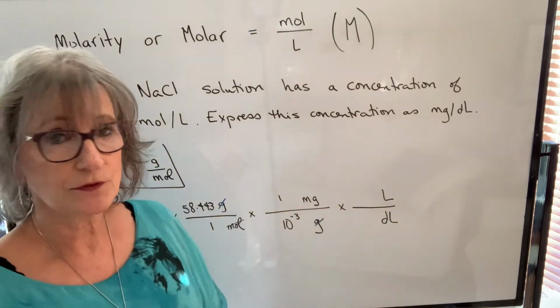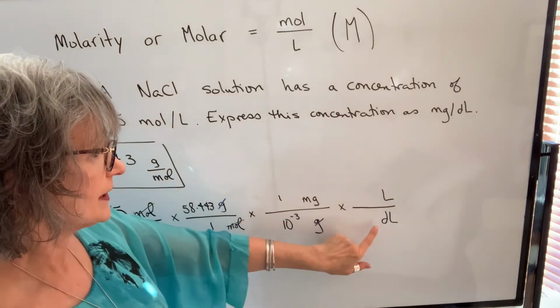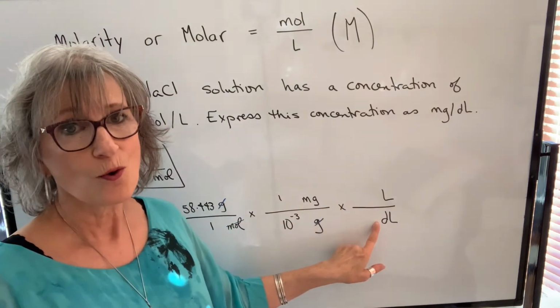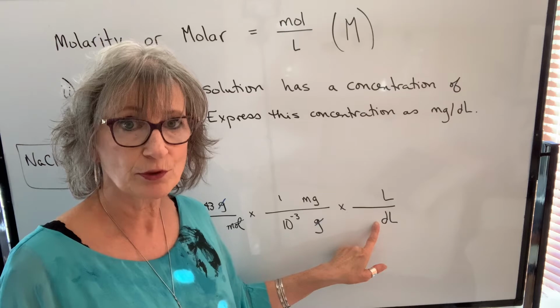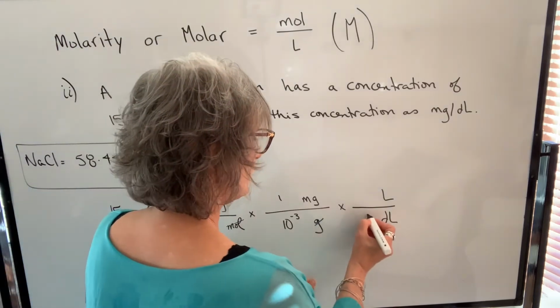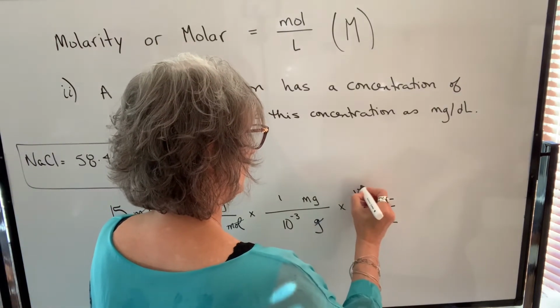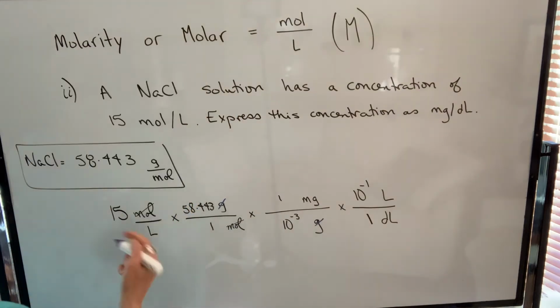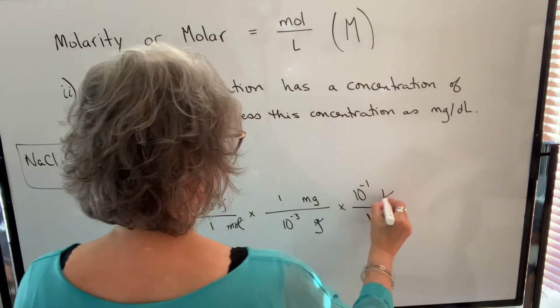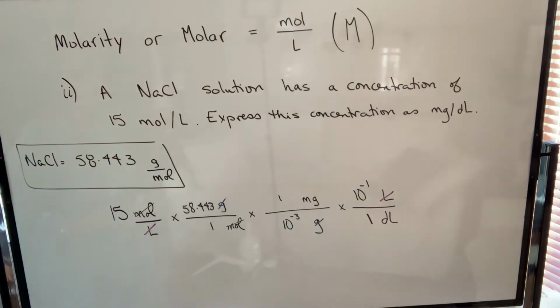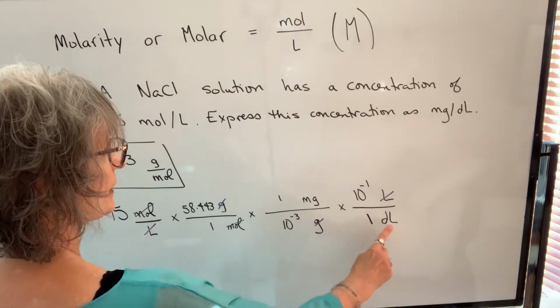So we can do that one of two ways. We can either say 1 liter is equivalent to 10 deciliters, or if we use our table of metric prefixes, we can say 1 deciliter is equal to 10 to the negative 1 liters. Now liters will cancel, and we can do the calculation, and our answer will be in milligrams per deciliter.